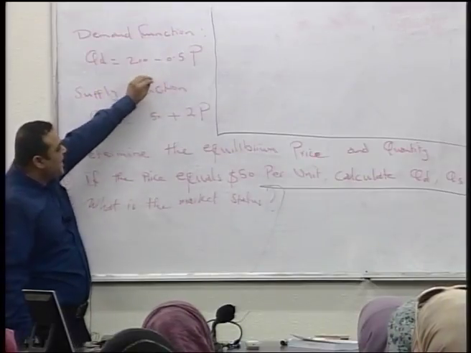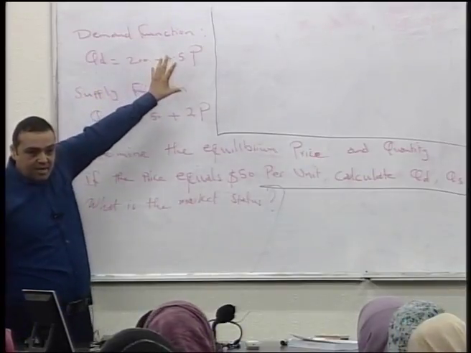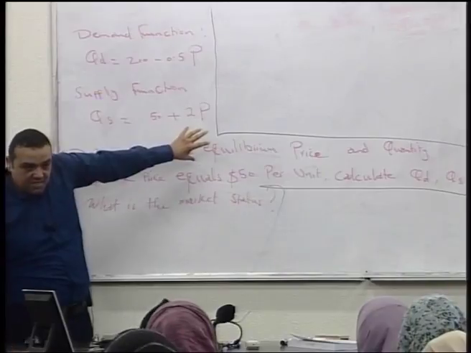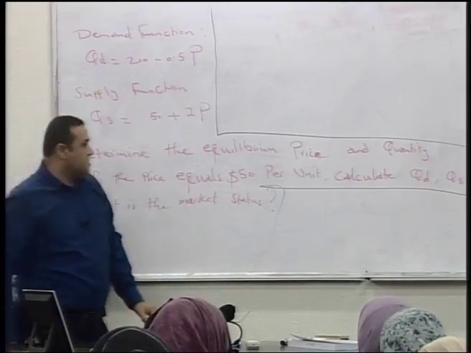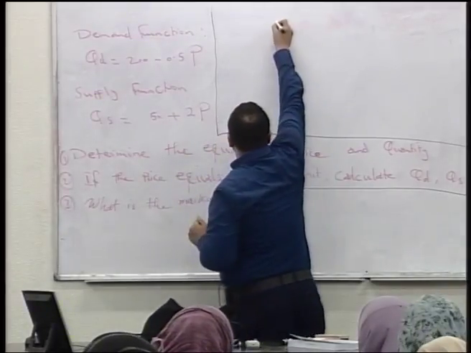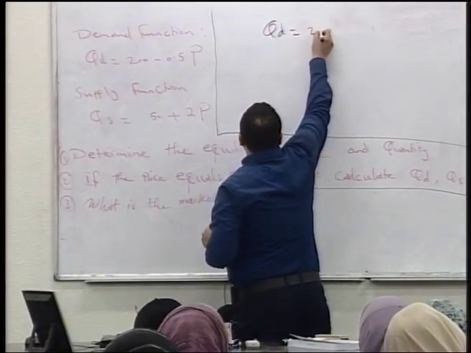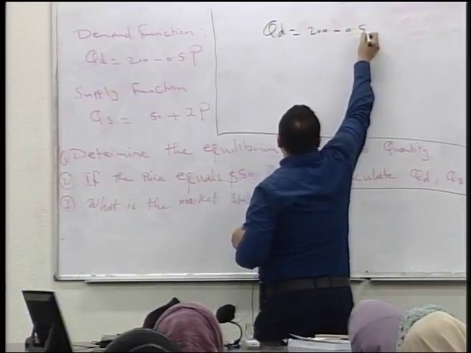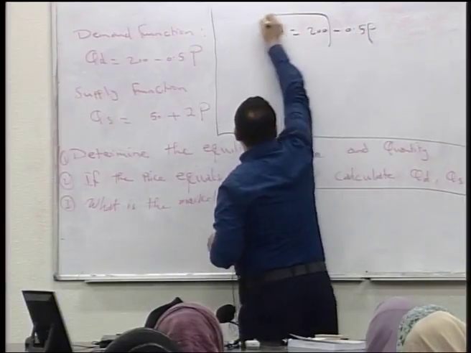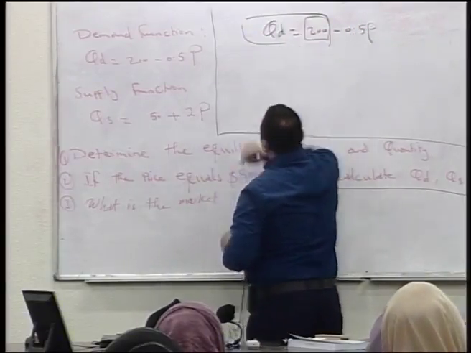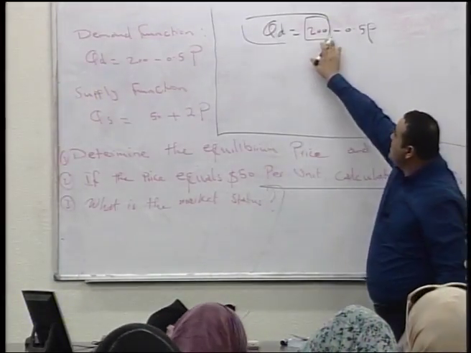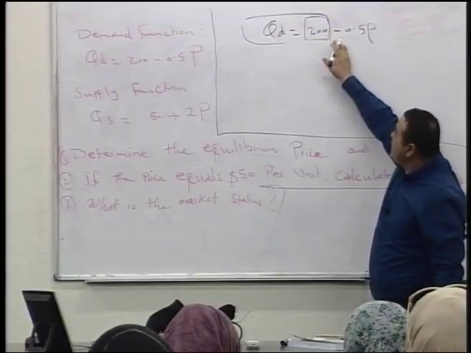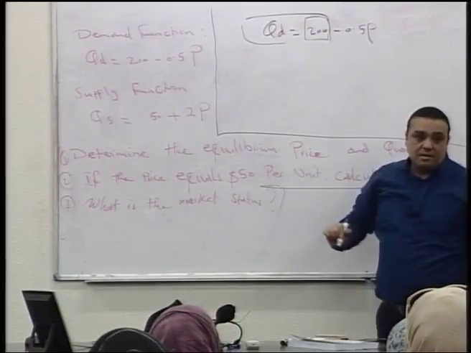Let's explain the idea of this formula and we'll try to answer then the question here. So QD equals 200 minus 0.5 price. What does this mean here? This part here. Quantity demanded equals 200 minus half times P.